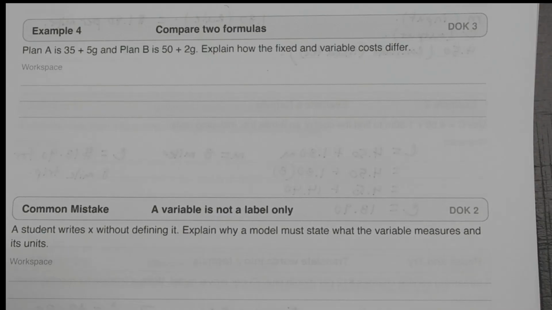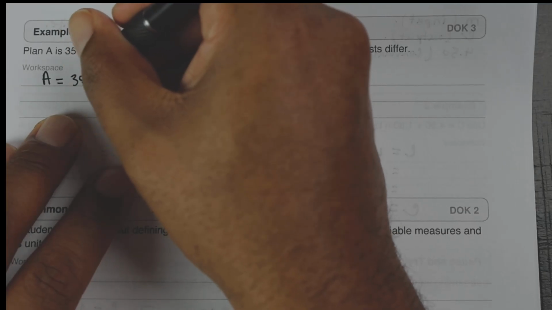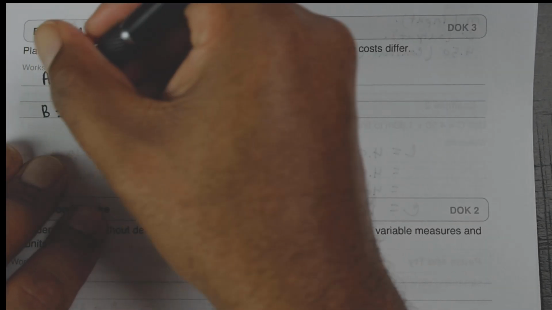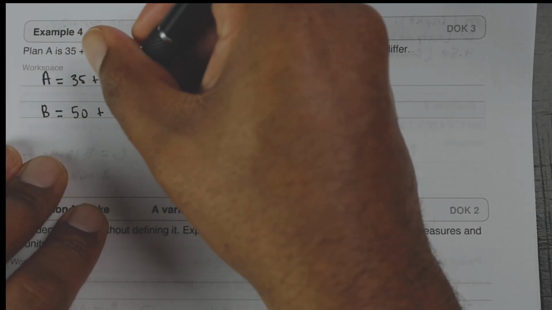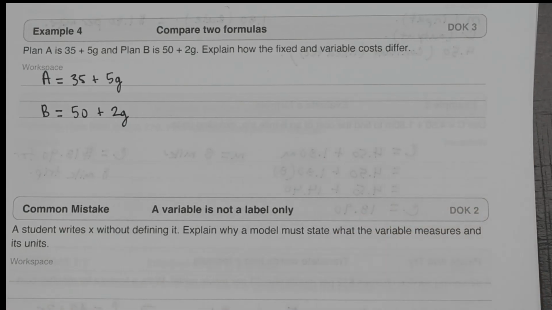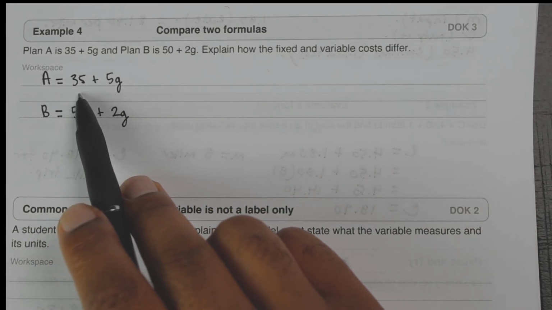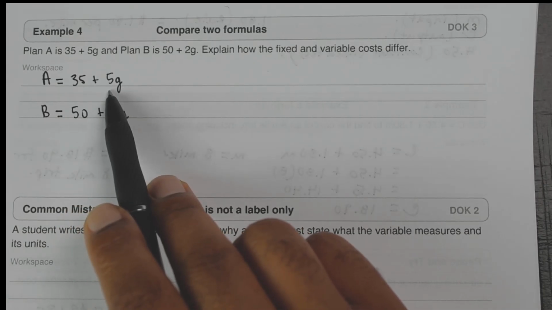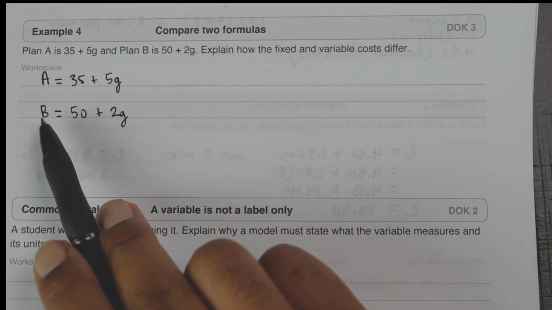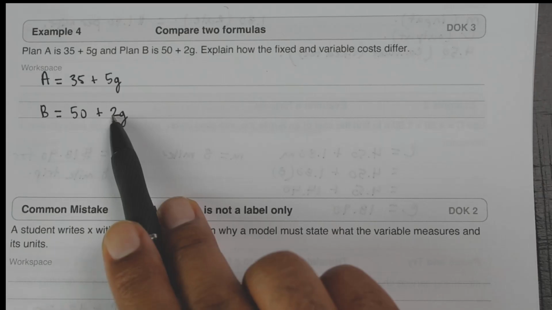For plan A, 35 is the fixed cost, and 5 is the cost per unit of gigabyte. For plan B, we have 50 being the fixed cost, while 2 is the cost per unit.